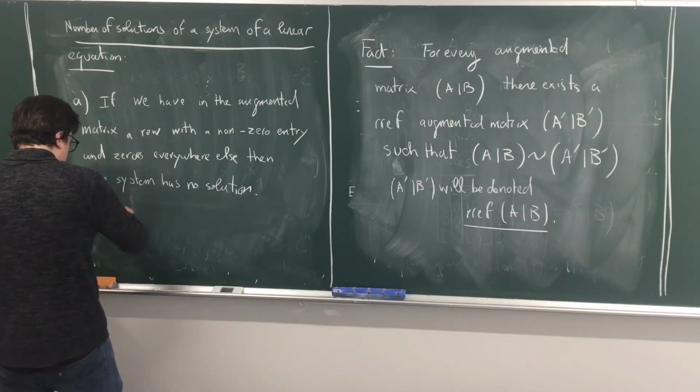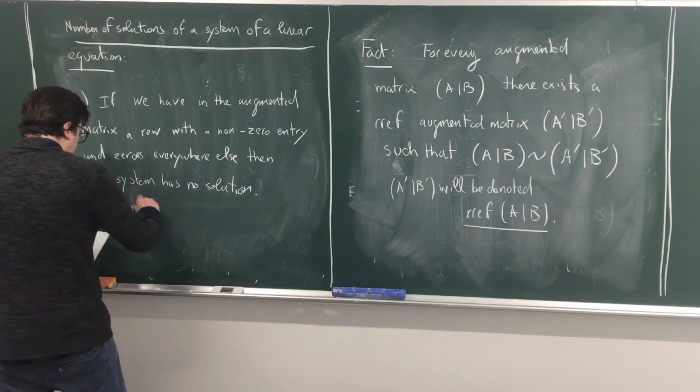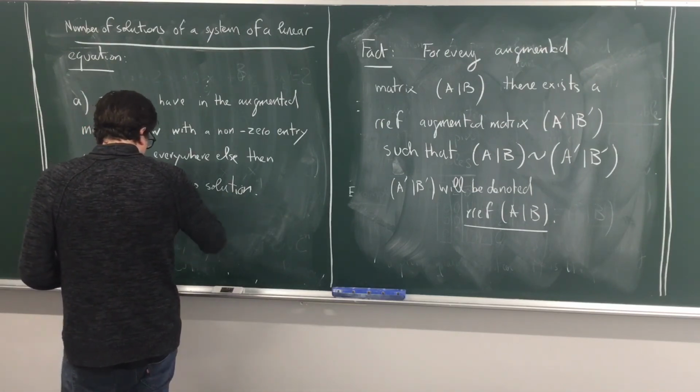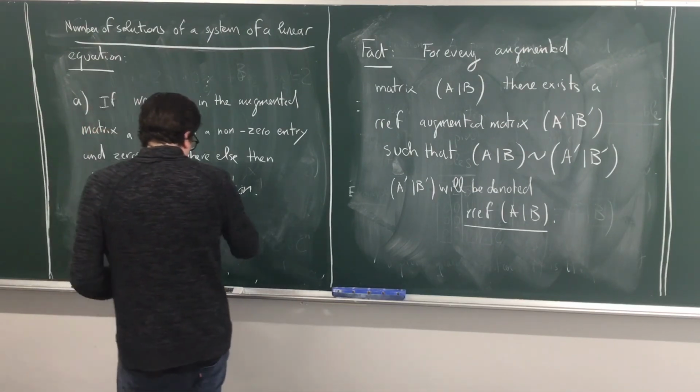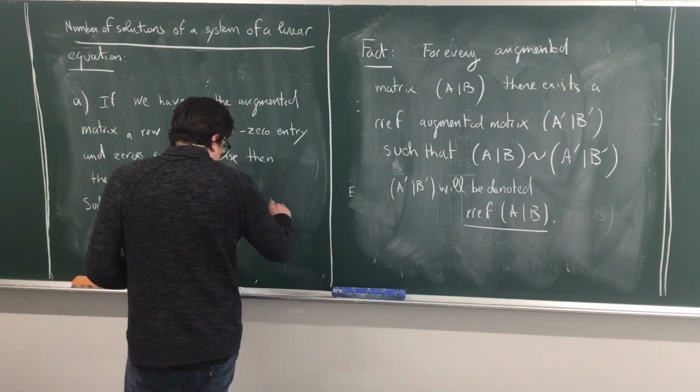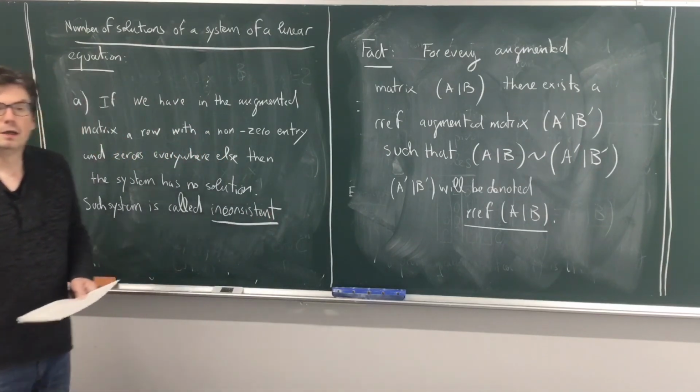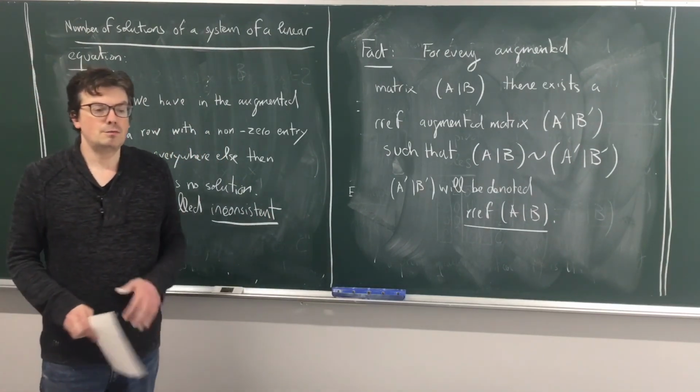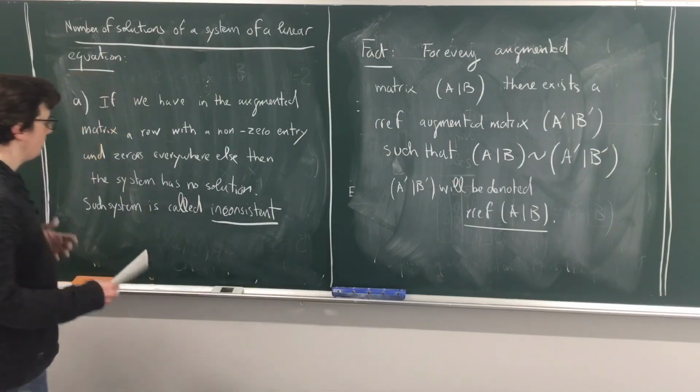Such a system is called inconsistent. Inconsistent. So you can have no solution at all, and you will call the system inconsistent.